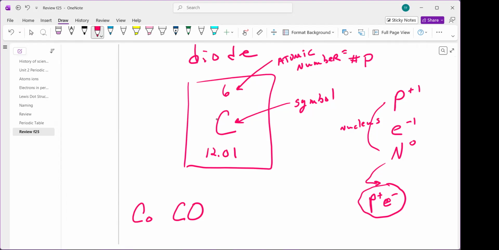They're both COs. So if the element has 2 letters, the first letter is uppercase, the second letter is lowercase. No exceptions. For example, this is why.